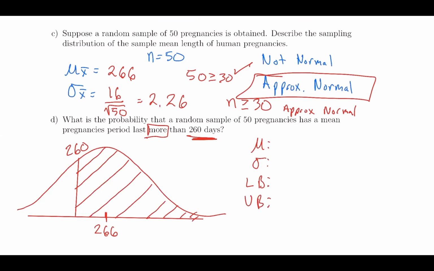All right, so let's go ahead and do the mu. Mu we already found to be 266 days. So you put 266 days. Sigma we already found to be 2.26. For the lower bound, in this case, what would be my lower bound?